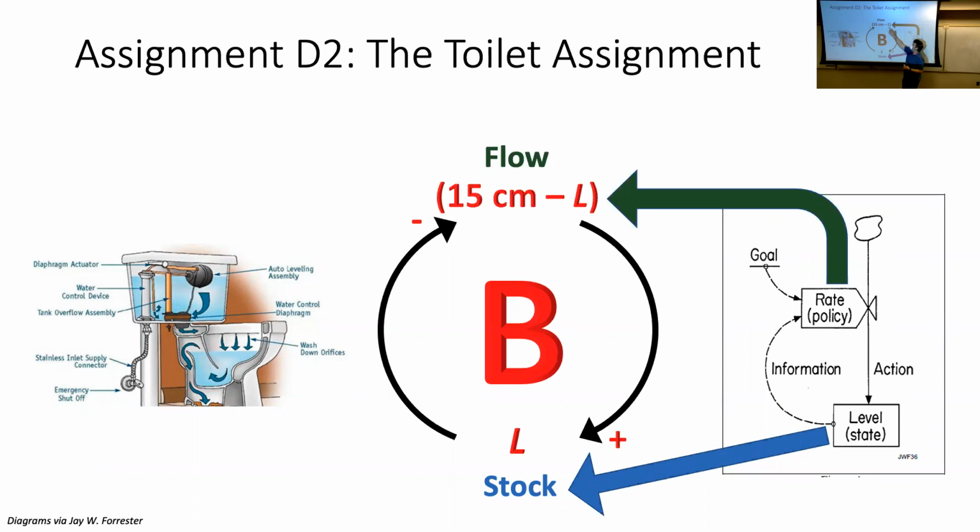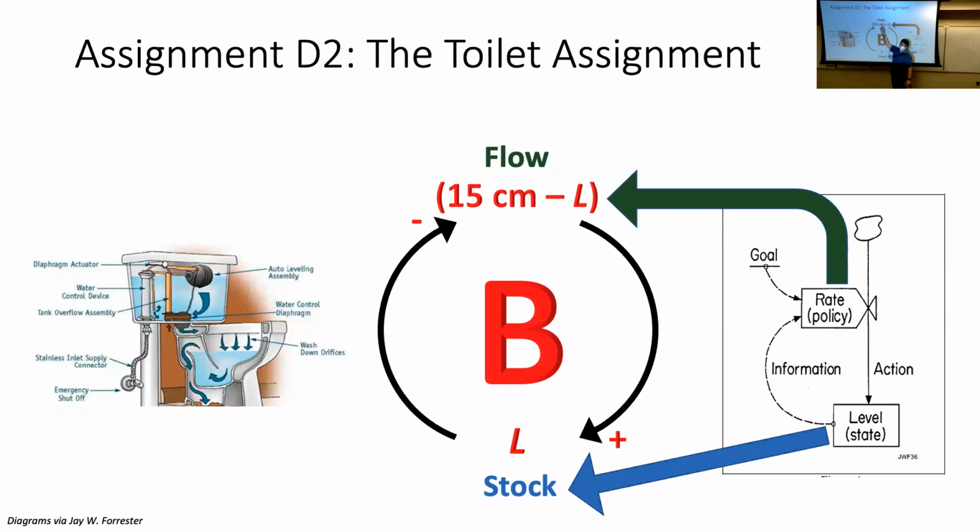And we're going to assume that it's been designed to bring in this amount of water, where if the tank is totally empty, it brings in, say, 15 centimeters per second. That sounds like it's really fast. But as the water rises, this little auto leveling assembly raises up and closes that valve off, so that when the water level is up to 15, the flow goes down to 0.